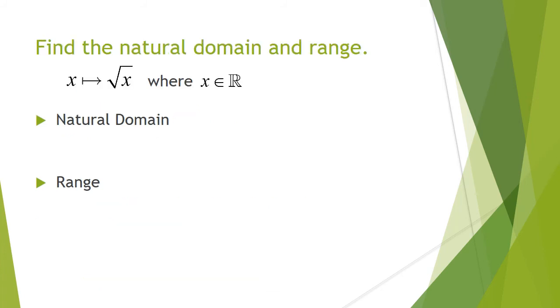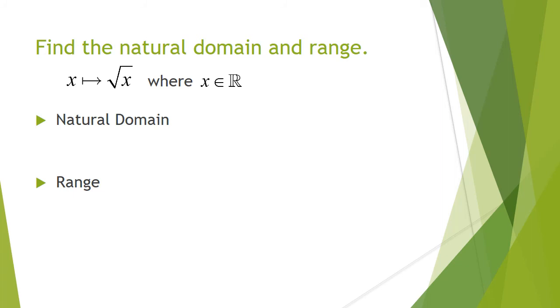All right, so let's practice finding the natural domain and range. We're given X. So if the input number is X and the output is the square root of X, where X is an element or belongs to the set of all real numbers, find the natural domain and range. So there's a couple of approaches.